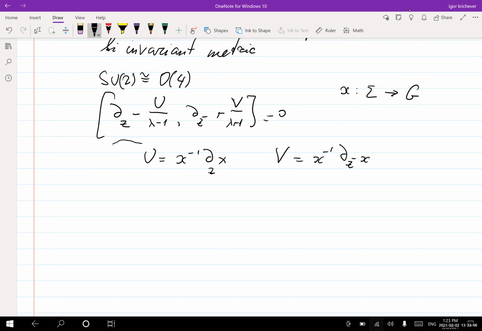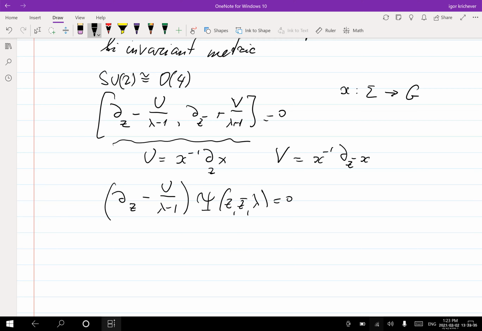So the zero curvature, so this equation for u and v being some matrices in the algebra of SU(2), is the compatibility condition of two linear problems, lambda minus 1 psi z bar lambda equals 0, d z bar plus v lambda plus 1 psi z bar lambda equals 0. And since we are working on the torus, psi is a horizontal section of this flat connection with coefficients u and v, also depending on lambda.